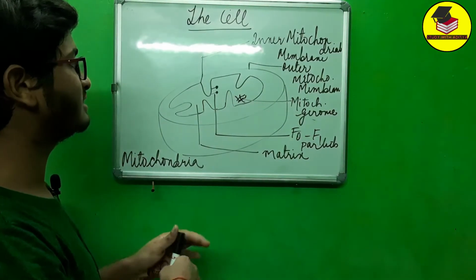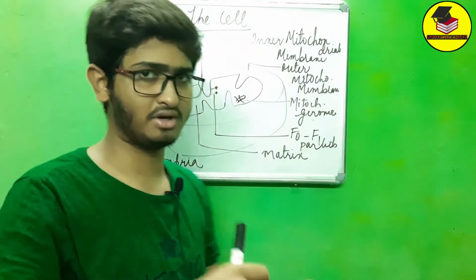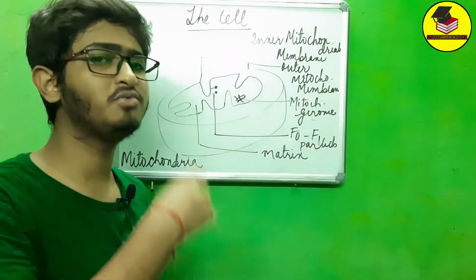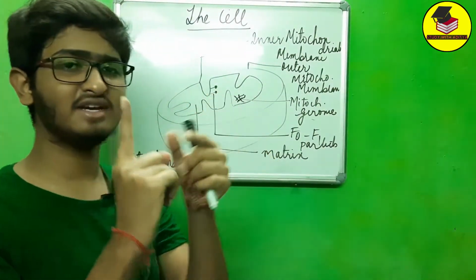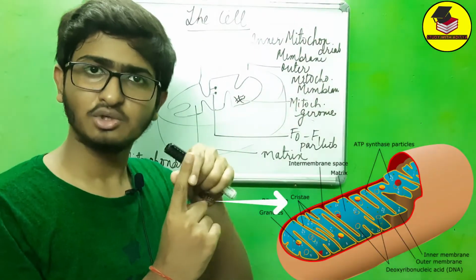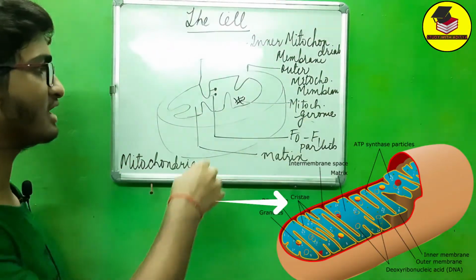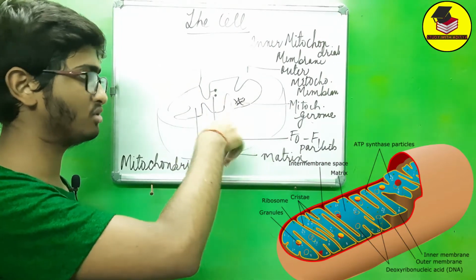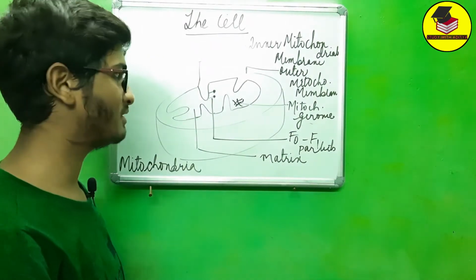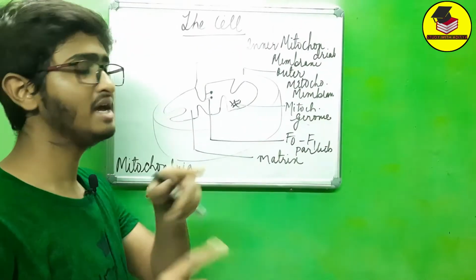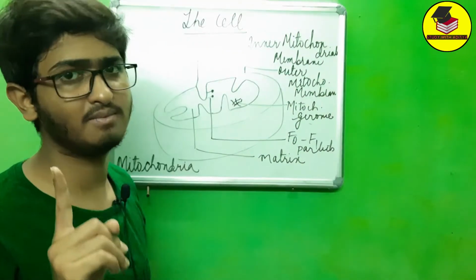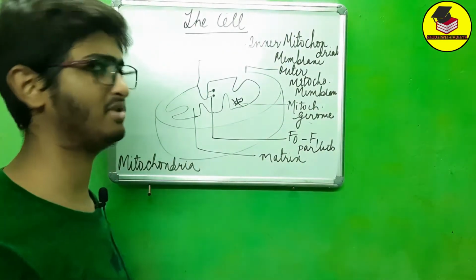Then you can see that the inner mitochondrial membrane is folded to form finger-like structures. अंगुलियों की तरह जो इसमें projections होते हैं in the inner mitochondrial membrane. So few things you have to keep in mind. First thing, mitochondria is a rod shaped organelle. इसको sausage shaped भी कहते हैं.